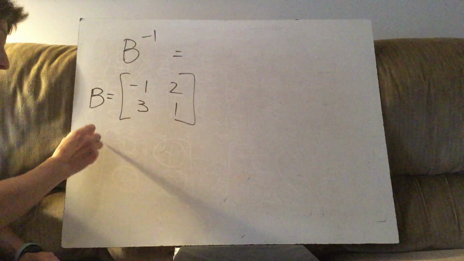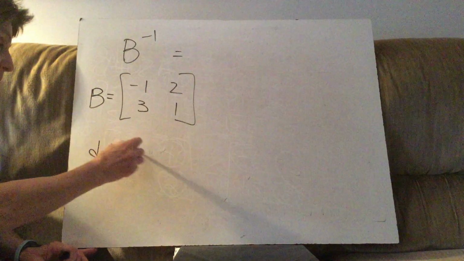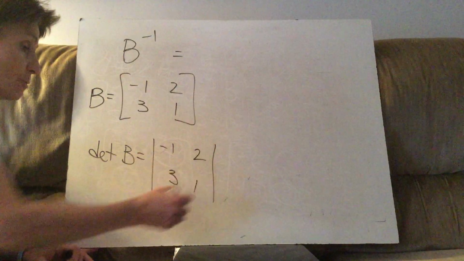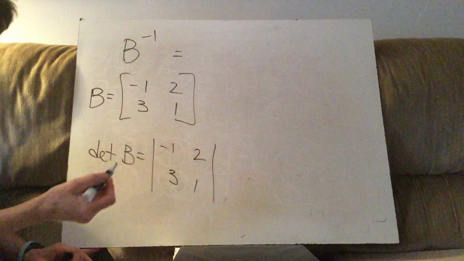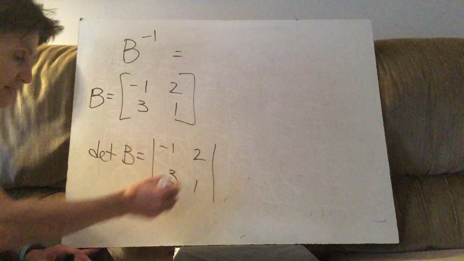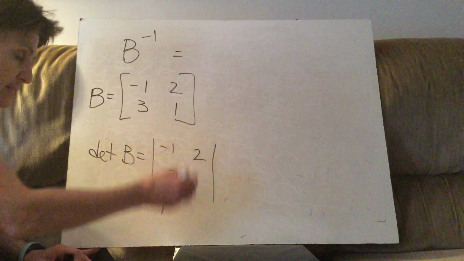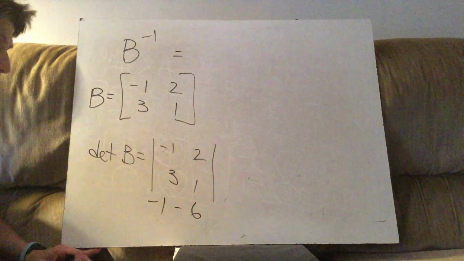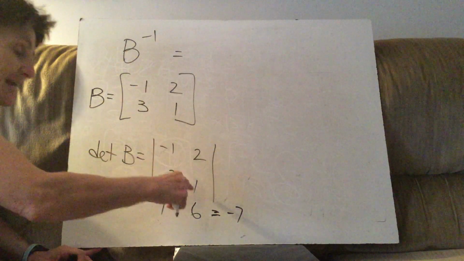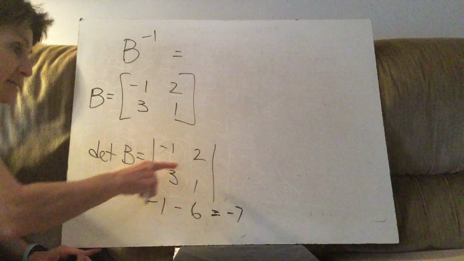The first thing you have to do is find the determinant. So when we find the determinant, we did this earlier with Cramer's Rule, we multiply this times this, we get negative 1. This times this, we get 6, and we subtract. So the determinant is negative 7. Negative 1 minus 6.